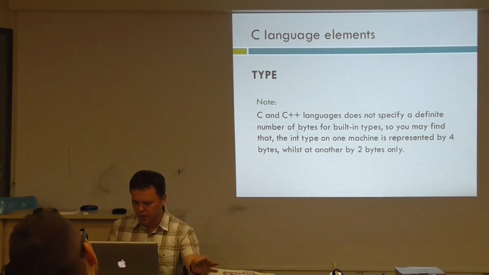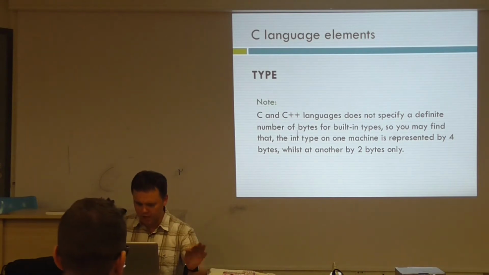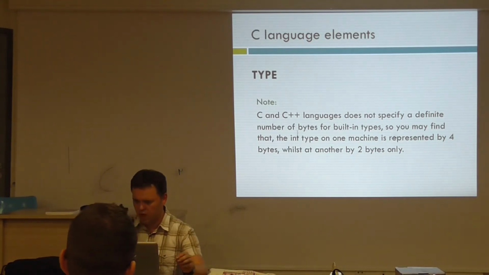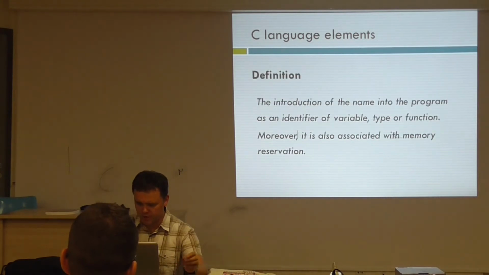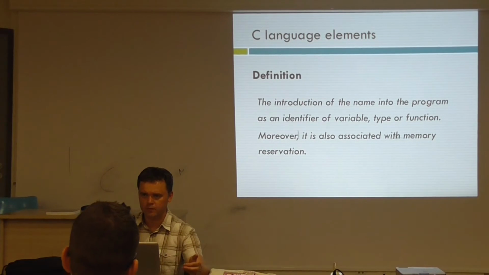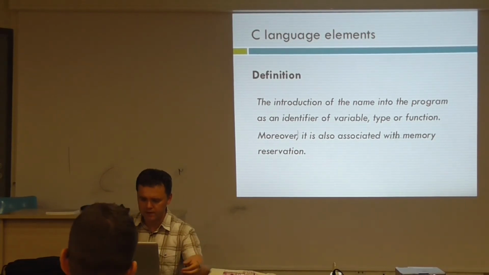So we know how to choose a good identifier, we know what is type, how to declare a variable, we know how to declare a function, and now we can go to definition. So definition is not only introduction of a name into our program, but it's also associated with memory reservation.